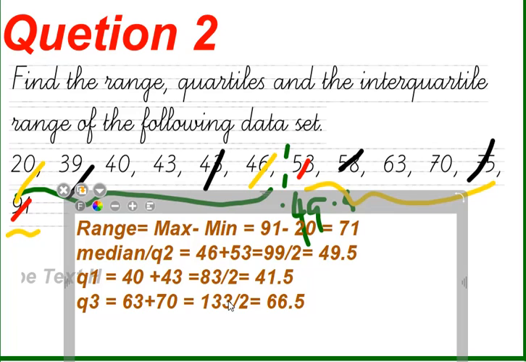Now the last thing that we are required to calculate is the interquartile range. That's the IQR, and we calculate it by saying the bigger quartile minus the smallest quartile.